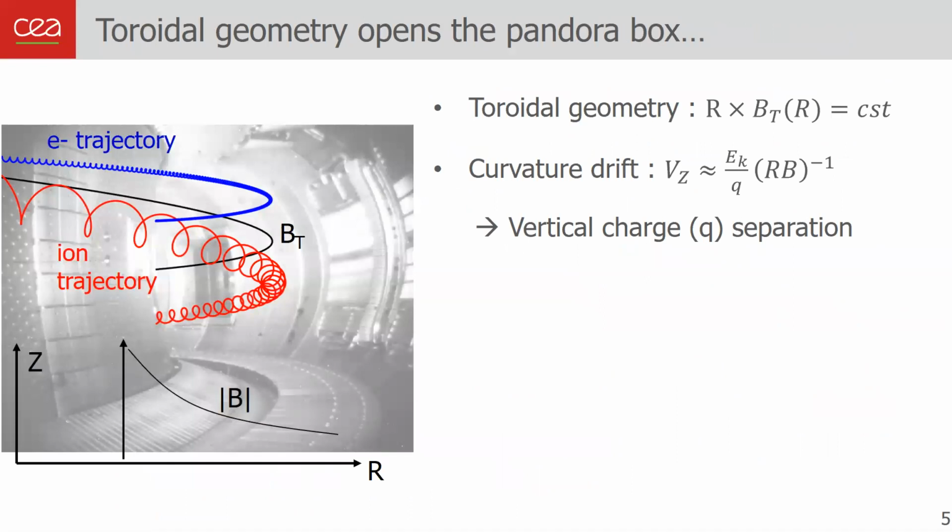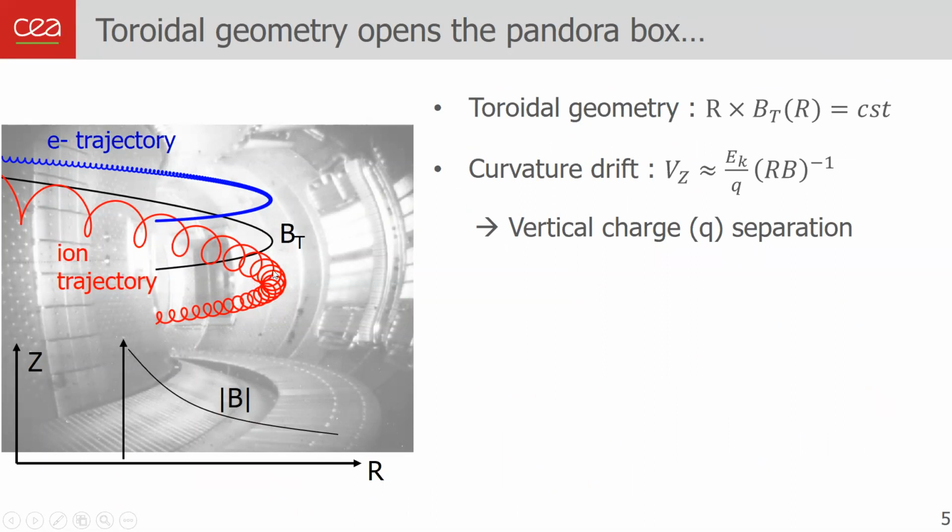But when you do that, in fact, you introduce a gradient of magnetic field in the chamber. The magnetic field is varying like 1 over the major radius. And so particles following a Larmor motion in this varying magnetic field will experience what we call curvature drifts.